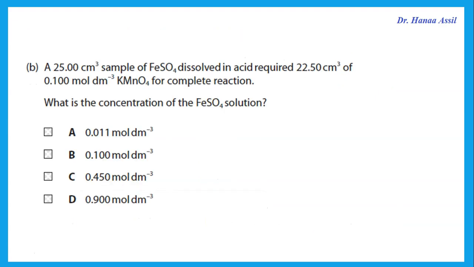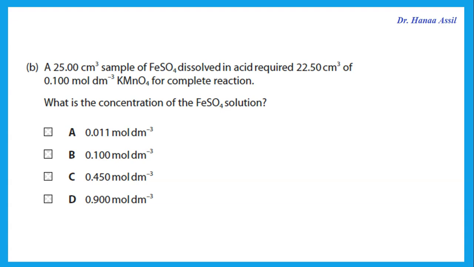A 25 centimeter cubed sample of FeSO4 dissolved in acid required 22.50 centimeter cubed of 0.1 mole per decimeter cubed KMnO4 for complete reaction. What is the concentration of FeSO4? You should be able to do these calculations. There are always several questions on calculations.